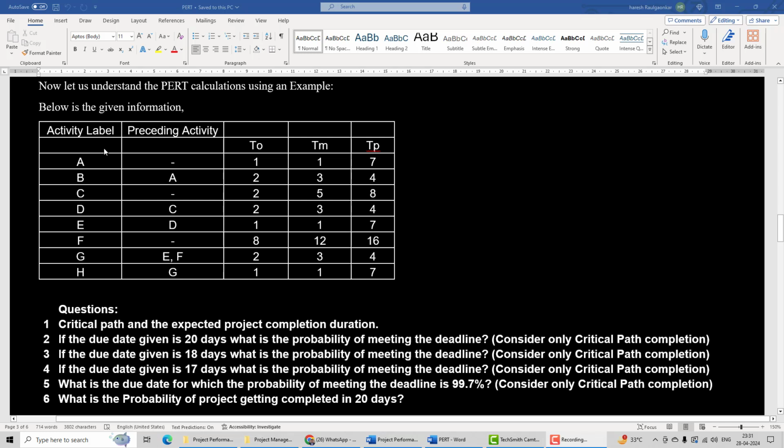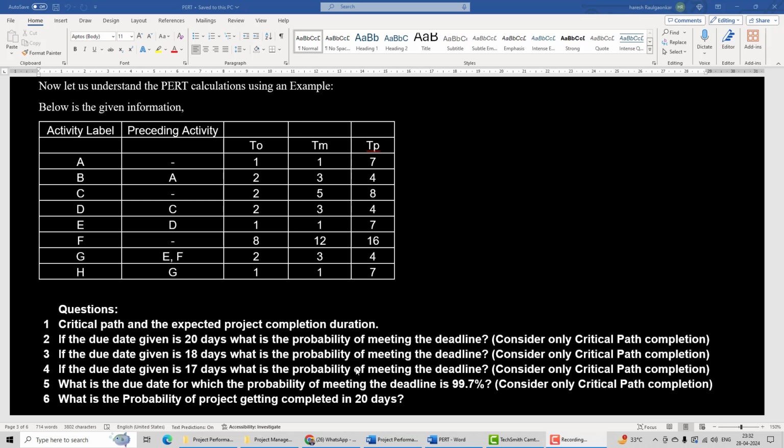So the question is, what is the critical path? First we need to draw the AOA diagram and find out the critical path and the expected project completion duration. Then, if the due date given is 20 days, what is the probability of meeting the deadline? In this case, we will consider the critical path completion only.